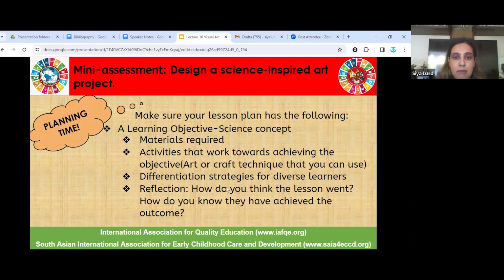And in the end, I want you to think about self-reflection, about how your lesson went for yourself. You can also write about how you know that they have achieved the outcome, and how you were able to find out that they have achieved it.